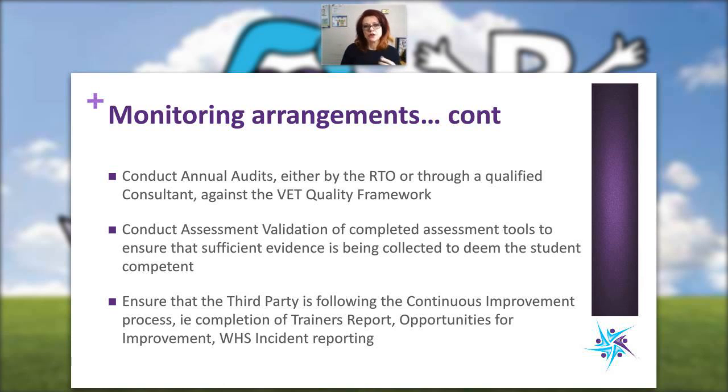The third party should have access to your completed training and assessment strategy as well, and delivery and assessment plans, so that they are actually delivering and assessing against the requirements that you've put into your strategies for your training and assessment.